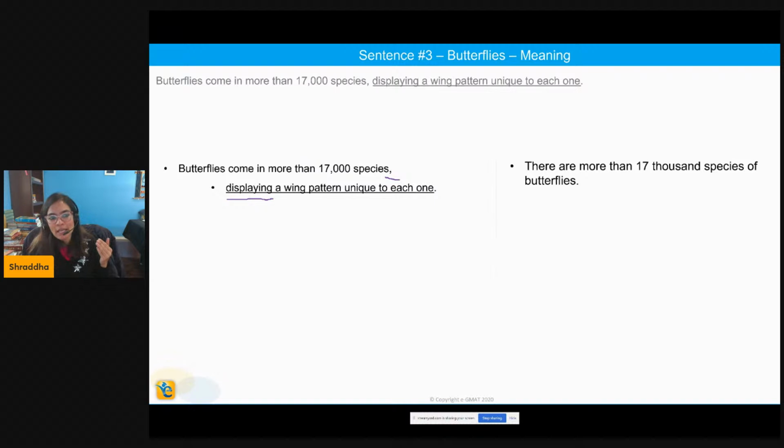Does it make sense to say that we have a cause and effect here? Because butterflies come in more than 17,000 species, they display a wing pattern unique to each other. It's again that cause and effect coming in, that only because they come in 17,000 species, they display a unique wing pattern. That's not the right causality also, right?